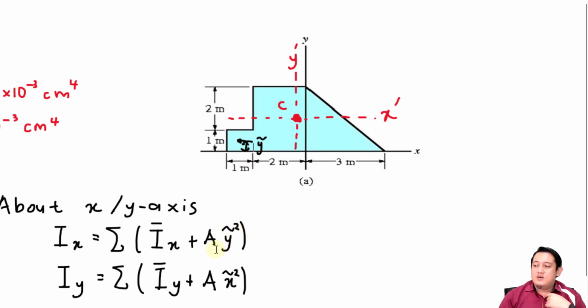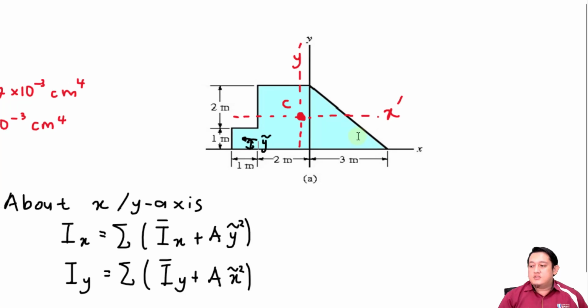Which is why we use y wave and then times y wave square. Don't forget this square. And then when we want to find Iy, it is the summation of Iy bar plus A x wave square for all the shapes here, this one plus this one, and then plus this one.